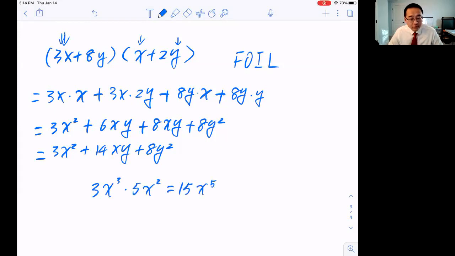If you know rules like this, then you'll be fine, right? So you multiply the numbers together, and then x^m times x^n equals x to the m plus n power, right? So that's the rule behind this. And if you remember these, you should be okay.